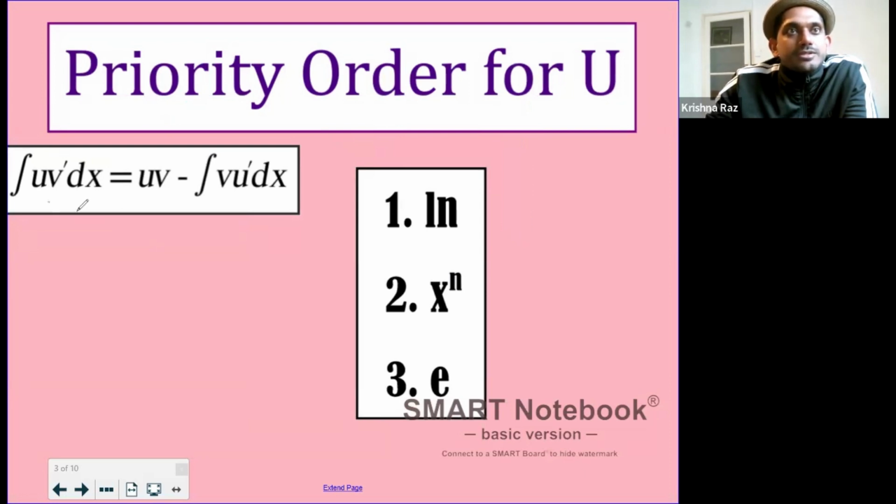If we look at the formula, hopefully you can notice that if we split the product into a u and a v dash, that means we have one variable that we need to differentiate and another that we need to integrate.